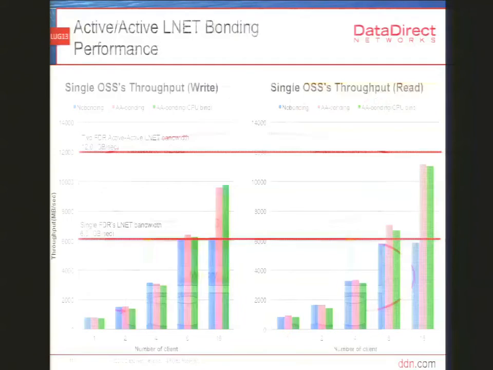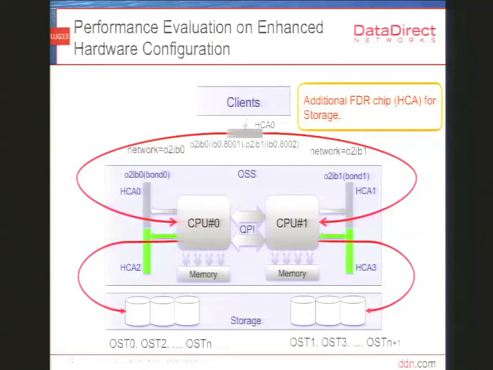So we enhanced the hardware configuration by adding two HCAs for a dedicated storage network. Finally, we use four HCAs: two HCAs for the two Lustre networks, and two HCAs for the storage network. There is no other configuration change on the server hardware or software side.